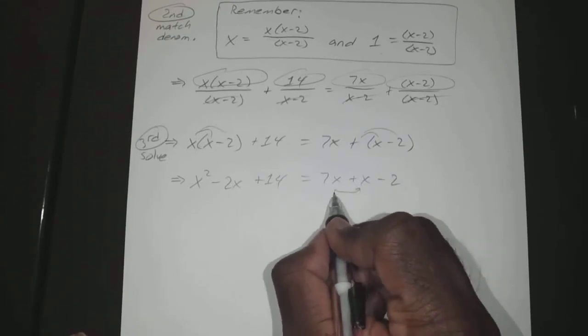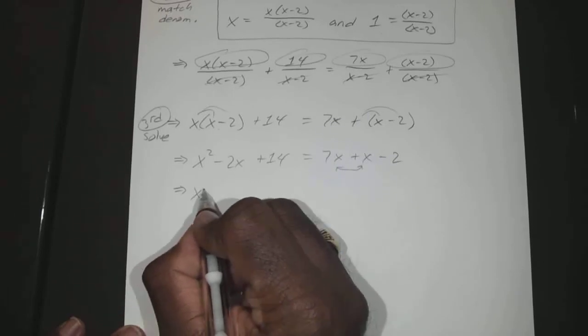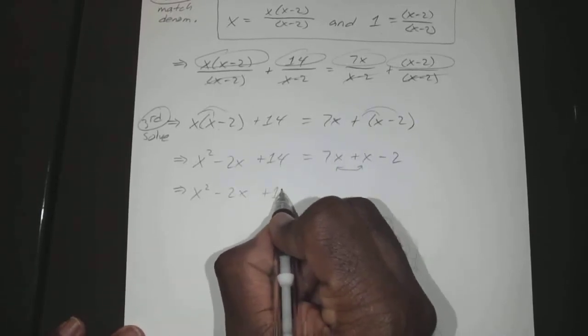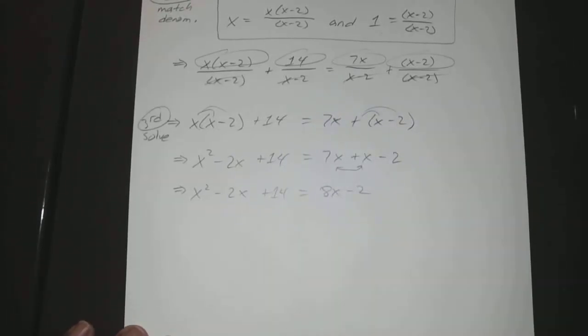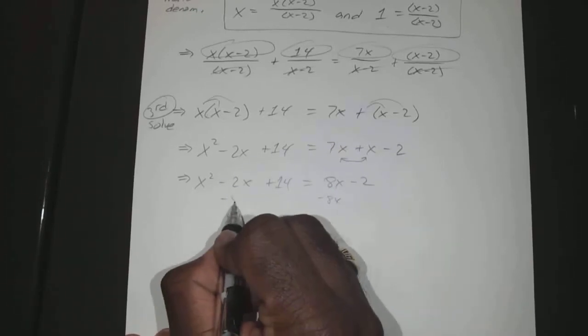If we go ahead and combine those two, that's x squared minus 2x plus 14 equals 8x minus 2. Now we can subtract 8x from both sides.